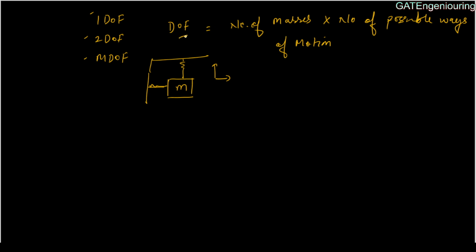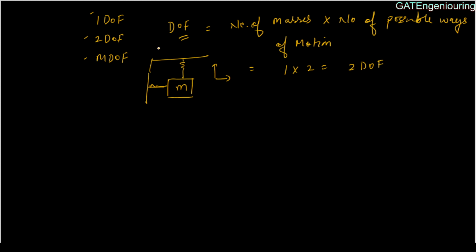So according to this statement, number of masses is 1, multiplied with the number of possible ways, which are 2. So this system will be falling in the category of 2 degree of freedom system.